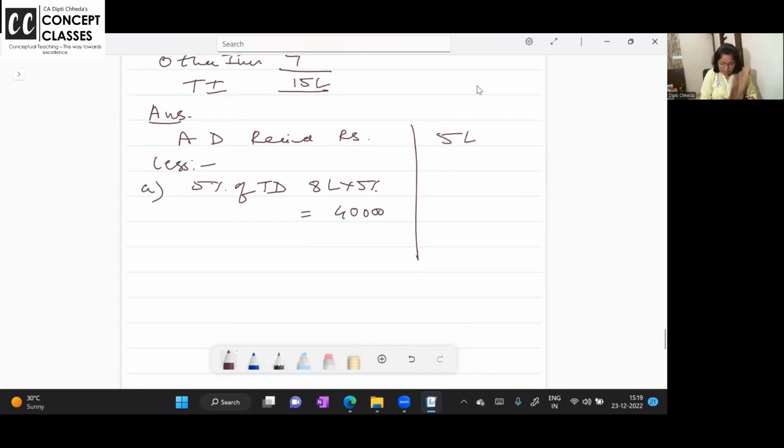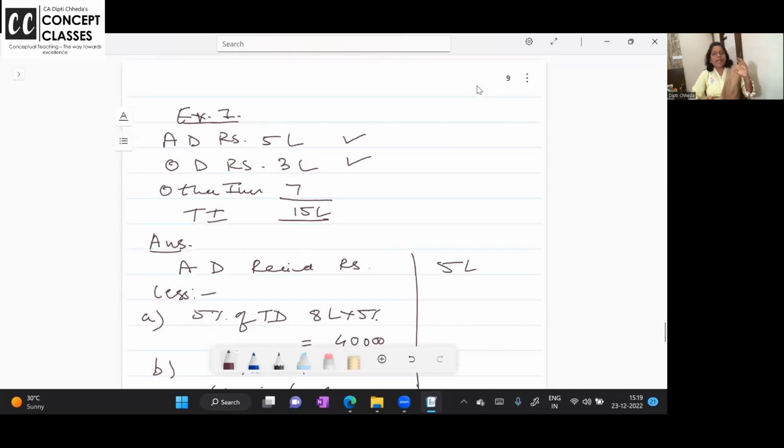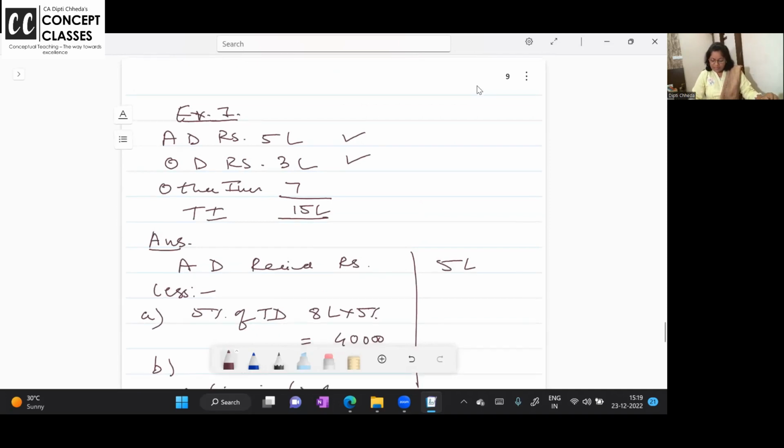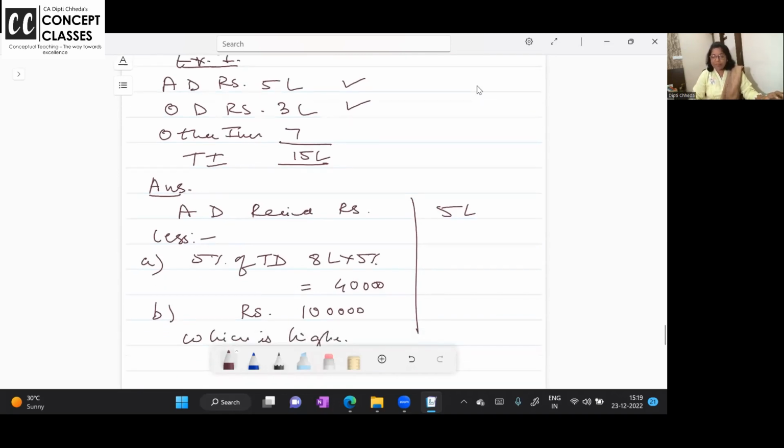This is A, or B is rupees 1 lakh, whichever is higher. Once again, anonymous donations are 5 lakh, other donations are 3 lakh, total donations are 8 lakhs, 5% of 8 lakh.